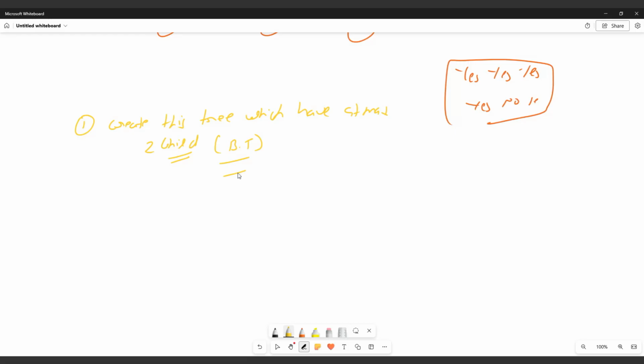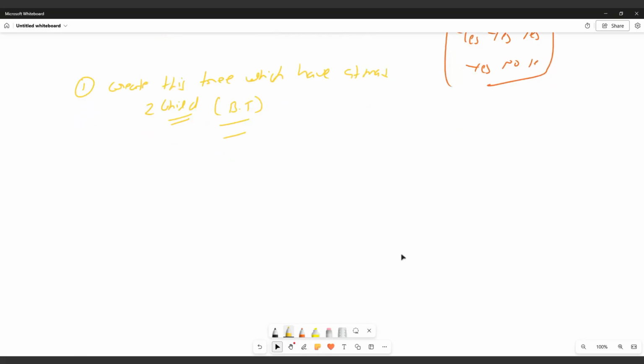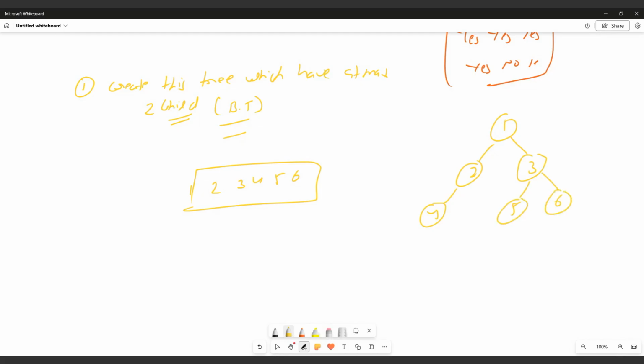Yes, Tarika Shri, please let us know. Class, if you all agree, the user would give me some input like 1, 2, 3, 4, 5, 6, and I create a binary tree from it, assuming that the tree should look like this.